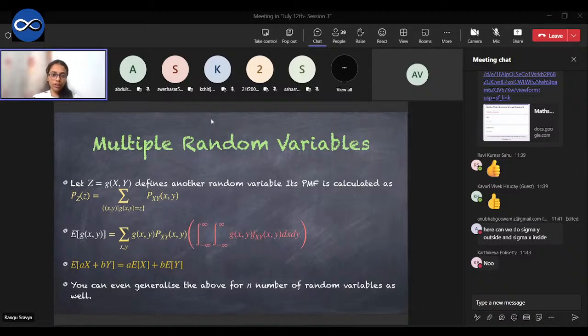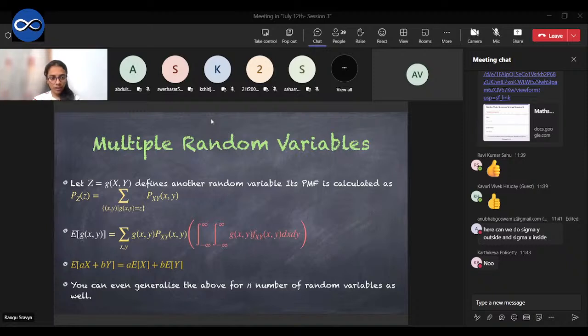If we assume Z to be a function of random variables X and Y, then to calculate the PMF of Z, that is the probability that capital Z equals small z, we need to consider all the values of x comma y that satisfy g of x comma y equal to z and add their probabilities using the joint PMF. Add all such probabilities, then you will get pz of z, the PMF of random variable Z.